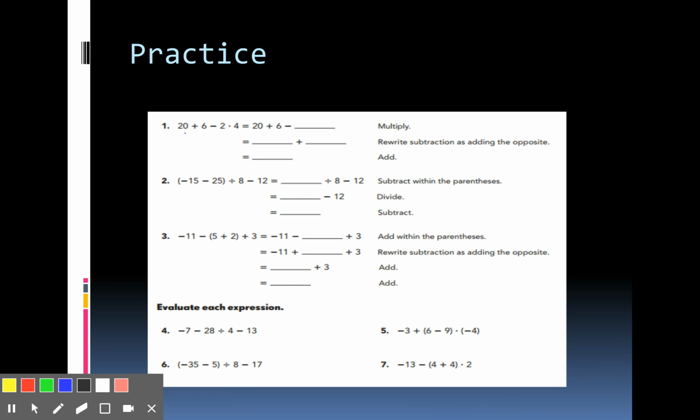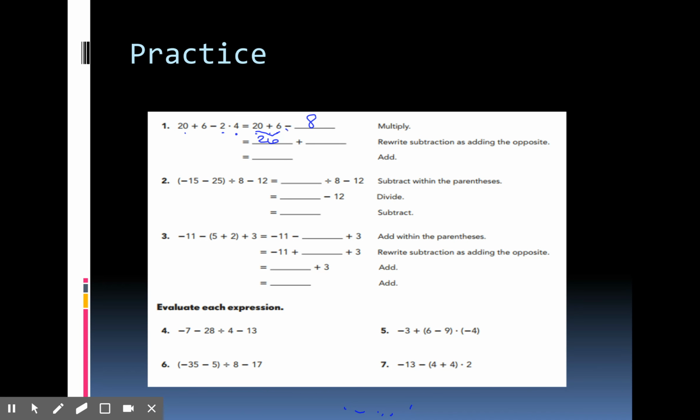20 plus 6 minus 2 times 4. So in this case, we're going to multiply first. Multiplying comes before addition or subtraction. So 2 times 4 is 8. So now I have 20 plus 6 minus 8. I'm going to combine these here. 20 plus 6 is 26.